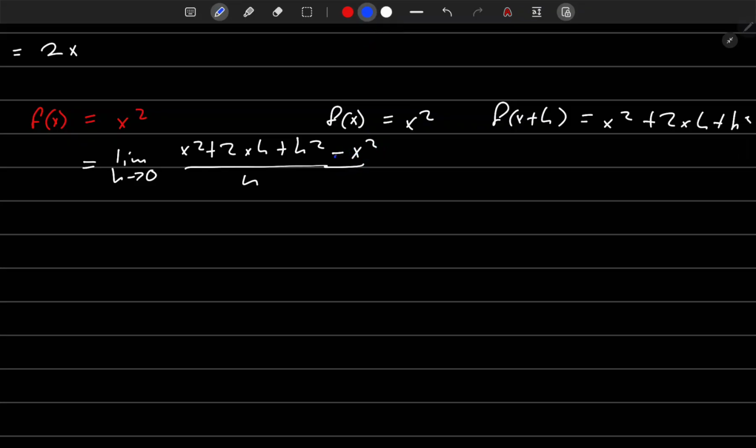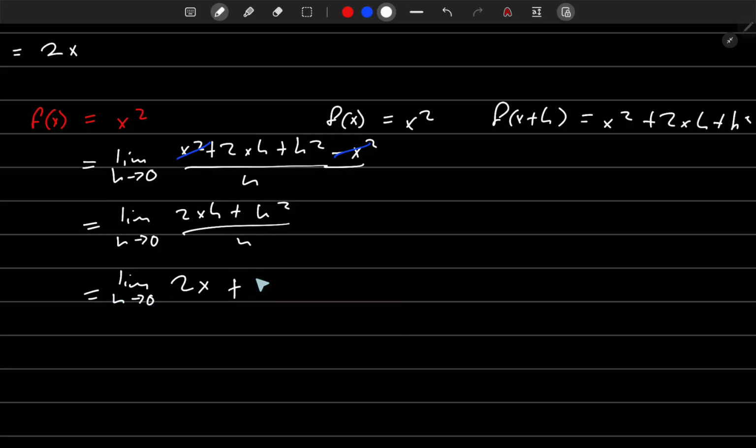Then this x squared will cancel with this x squared, and what I'm left with is the limit as h approaches 0 of 2xh plus h squared over h. Then we can factor out the top, and it cancels with this h, and I'll be left with 2x plus h. Then the h falls away, so this is equal to 2x.